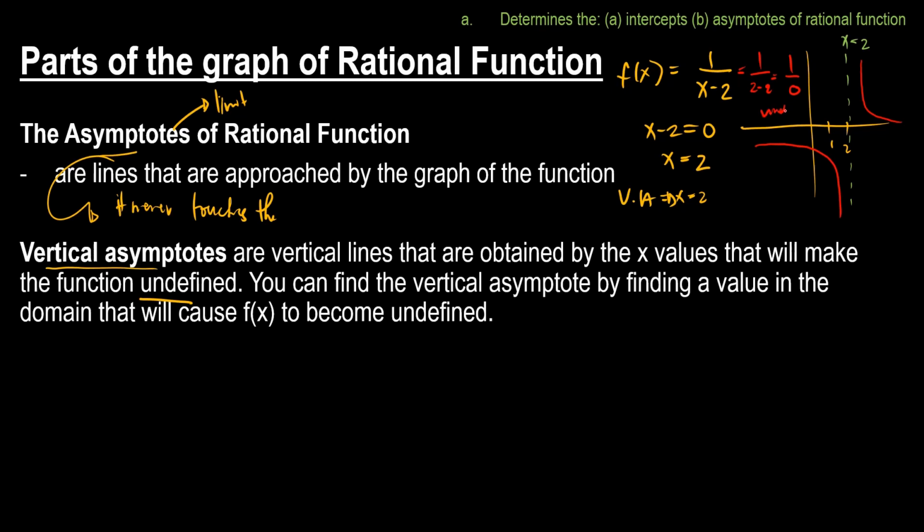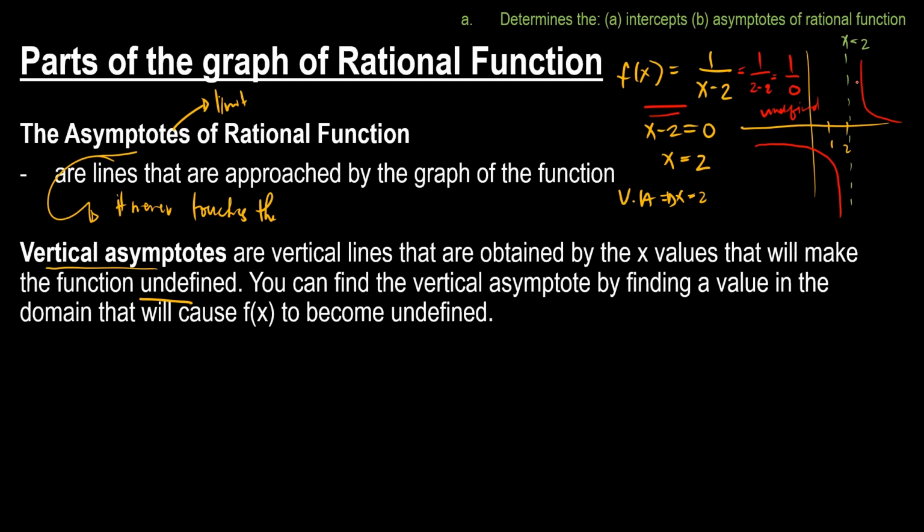So it becomes undefined. So, class, for our function not to become undefined, we have to exclude the values that make it undefined. That is why asymptotes are there. Meaning, the graph of our function will not pass through the vertical and horizontal asymptotes of that function. This is just a short preview. Later, I will show you how we get the vertical asymptotes and the horizontal asymptotes and graph them.